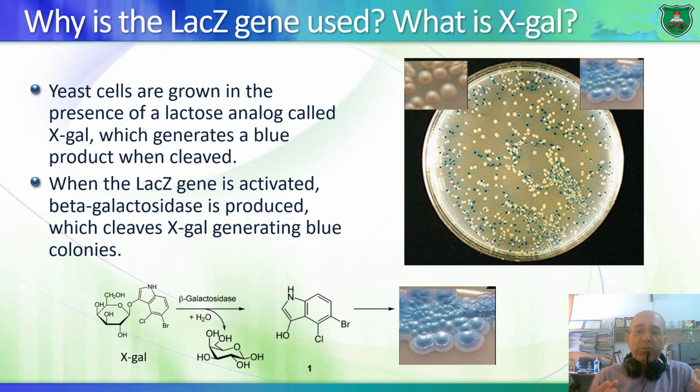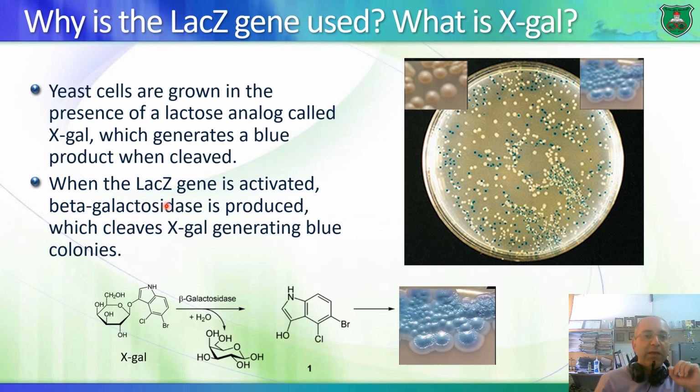So if the two proteins, X and Y, whatever Y is, interact with each other, then you have stimulation of transcription producing beta-galactosidase. Now this beta-galactosidase would then cleave lactose, but a special molecule is used. It's not regular lactose.